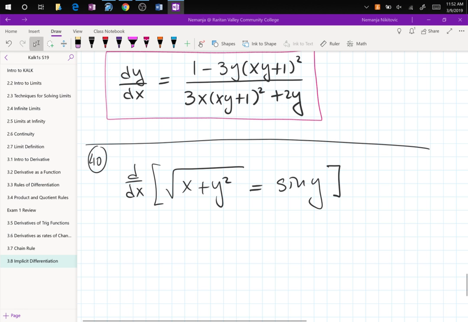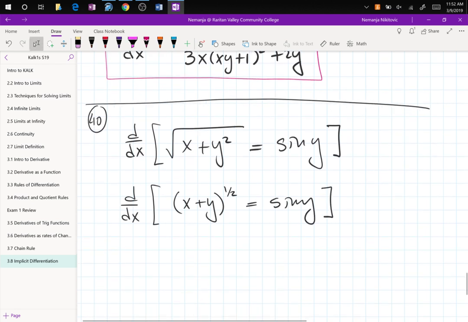All right, let's take a look at this together. I'm going to rewrite the square root as a 1/2 exponent and then go from there.